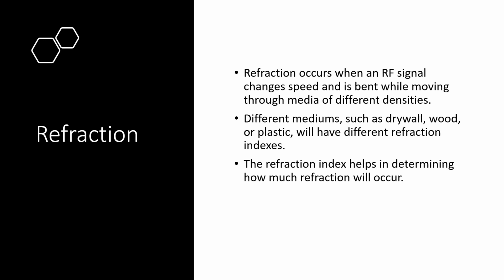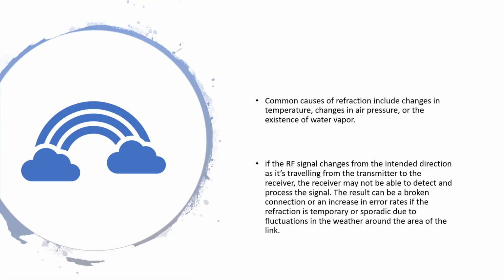Any material has a refractive index, which helps you determine how much refraction happens. Common causes of refraction include changes in temperature, changes in air pressure, existence of water vapor, and so on. I'll give a typical example.